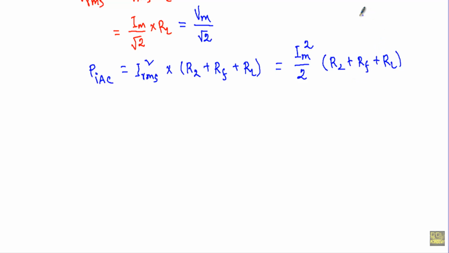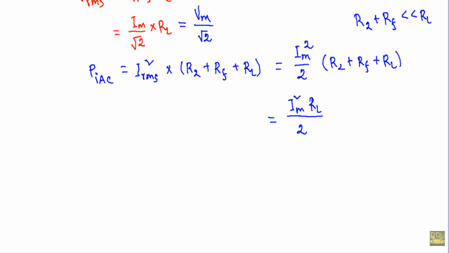Therefore I can say that R2 plus RF is much smaller than the value of the load resistor, so I can neglect the sum of R2 and RF. Instead of that I will take only RL, Im square RL divided by 2.